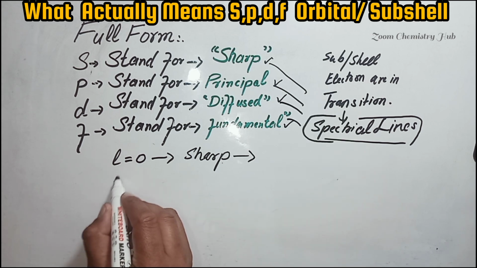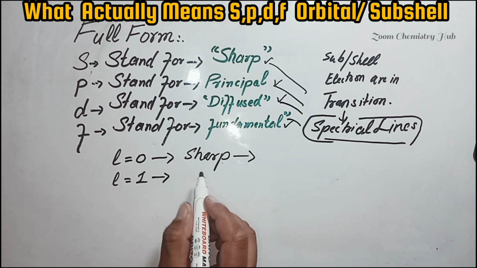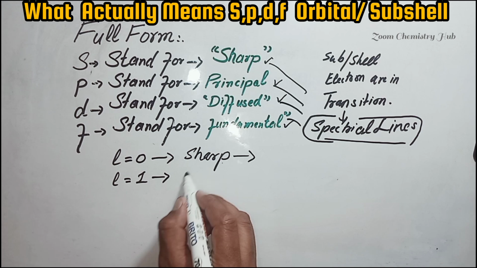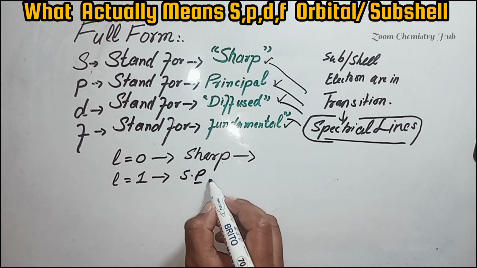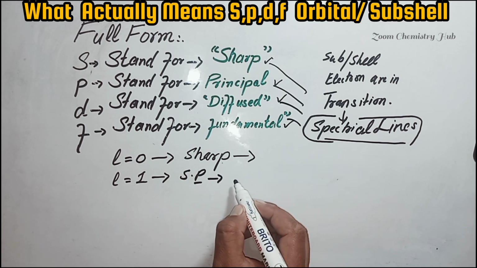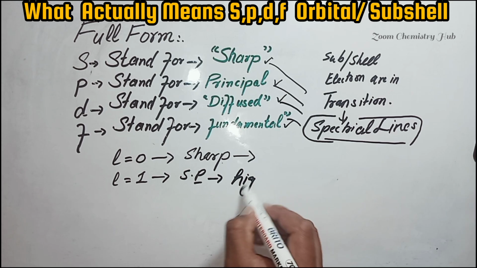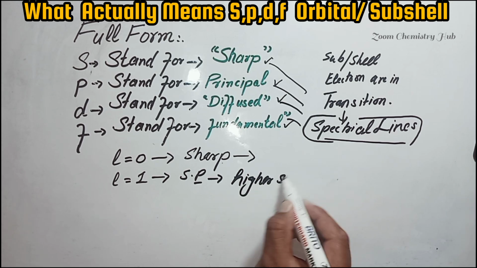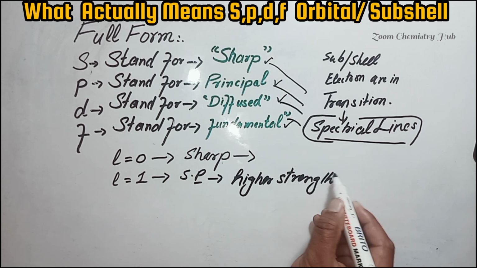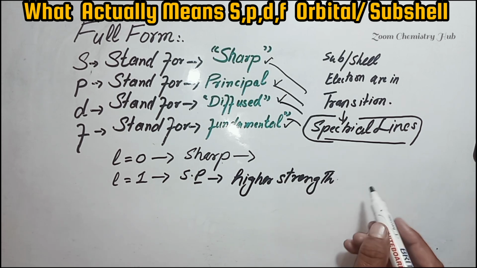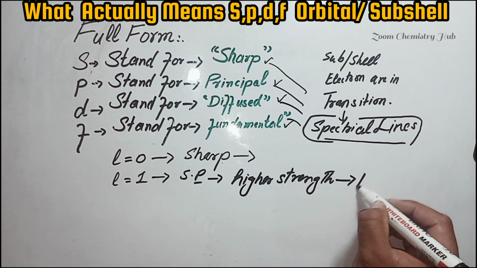Similarly, when the L value is 1, the spectral lines have a very high strength, and this higher strength is termed principal.